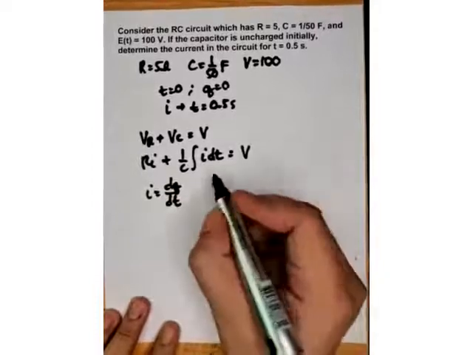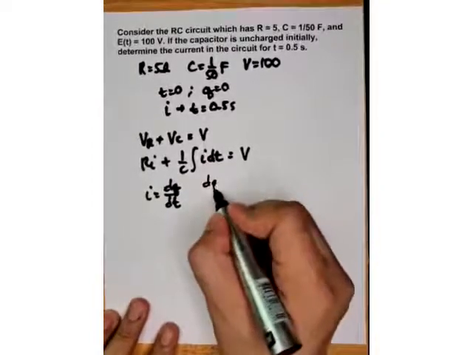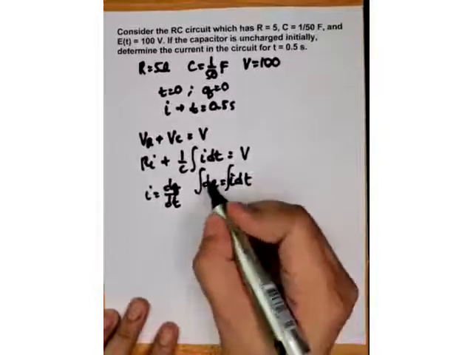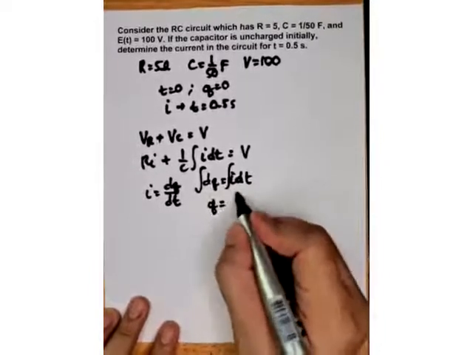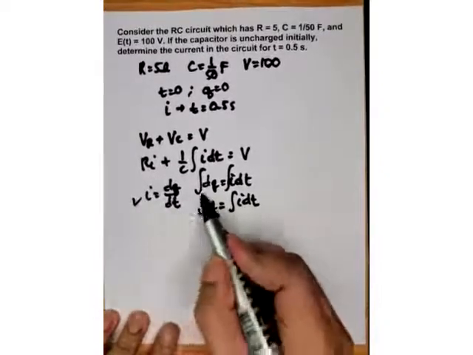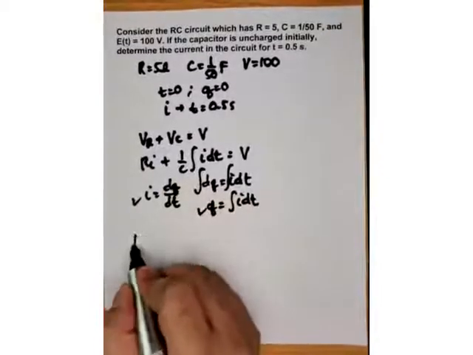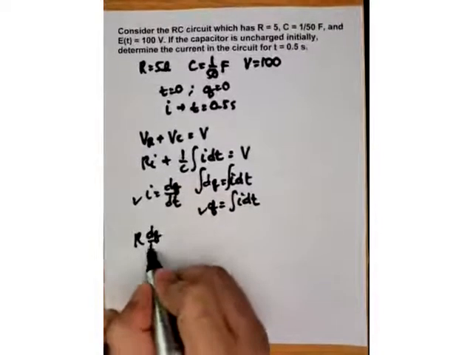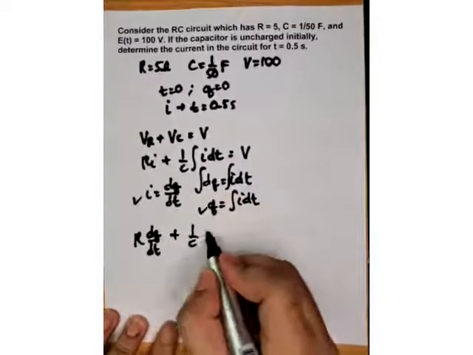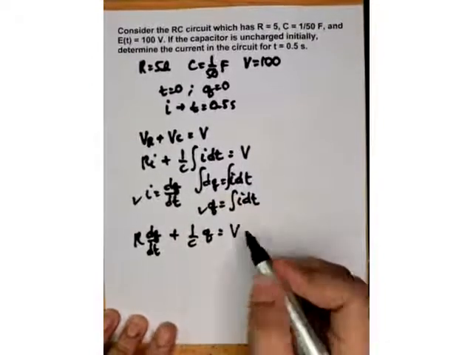But if you will cross multiply, so this is dq is equal to i dt. And then if you will integrate both sides, q is equal to the integral of i dt. So if you will substitute this and this with our equation, so we'll have R dq over dt plus 1 over C times q is equal to V.